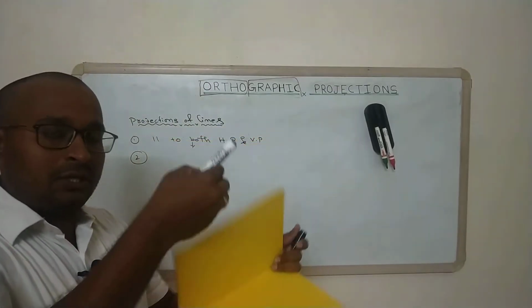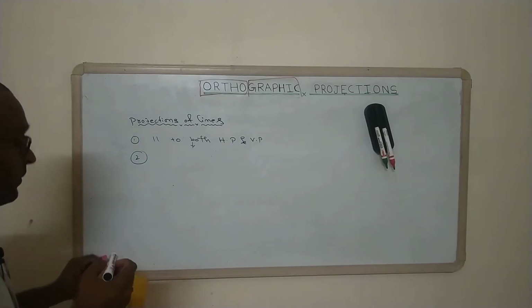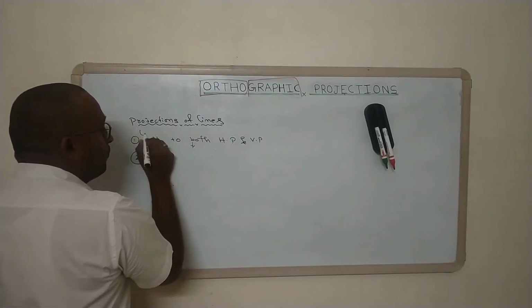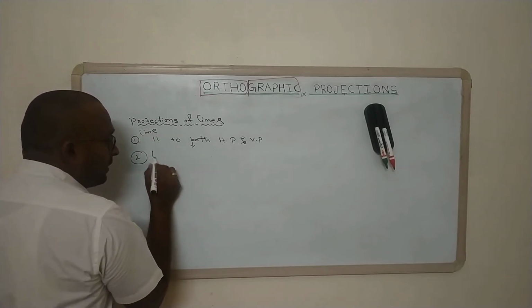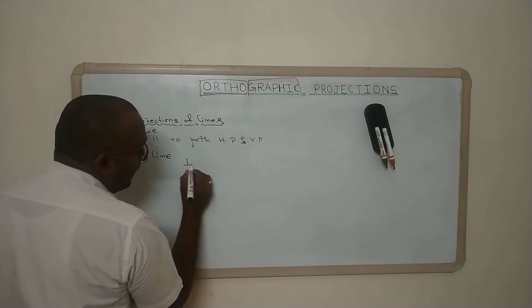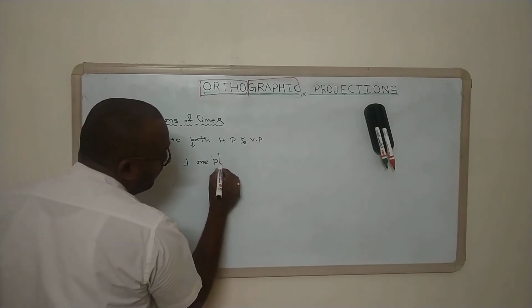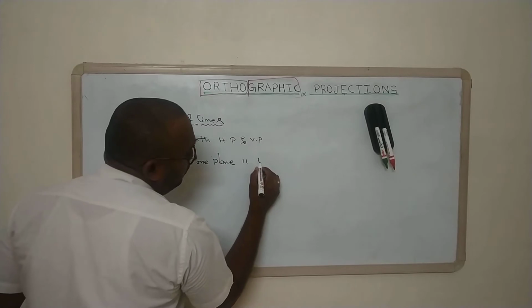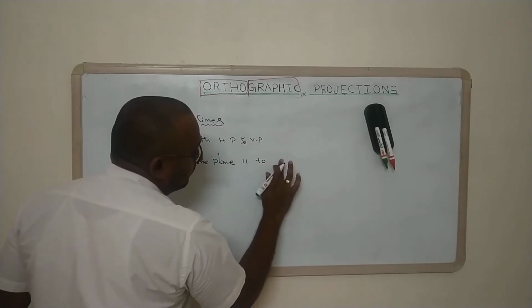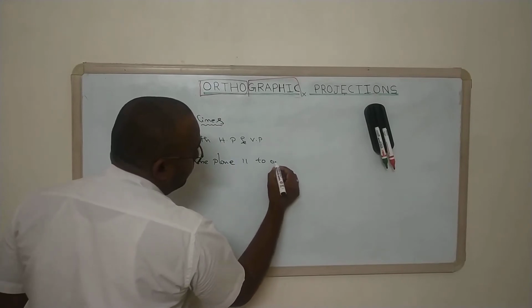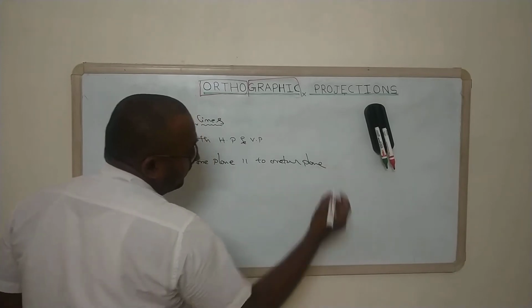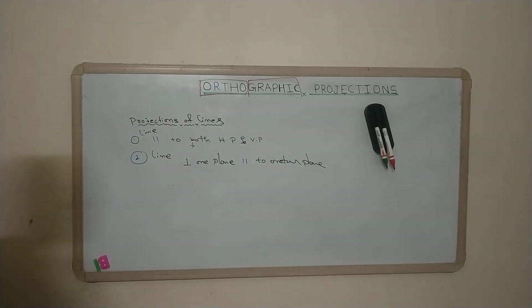This is one more condition we need to discuss: a line perpendicular to one plane and parallel to another plane.